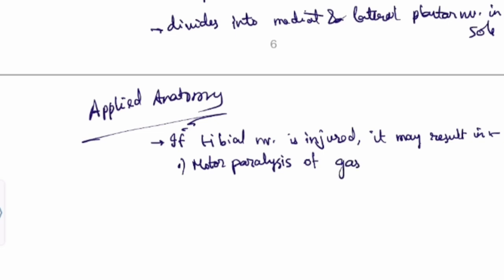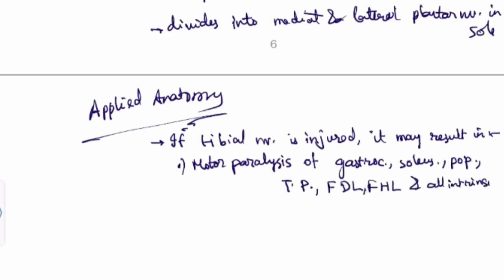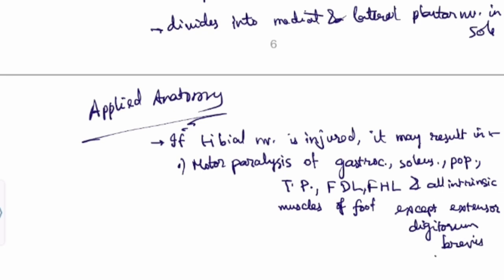What are the muscles it supplies? It supplies gastrocnemius, soleus, popliteus, tibialis posterior, flexor digitorum longus, flexor hallucis longus, and all intrinsic muscles of the foot, except extensor digitorum brevis. You have to remember this.